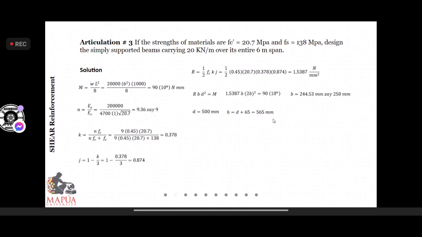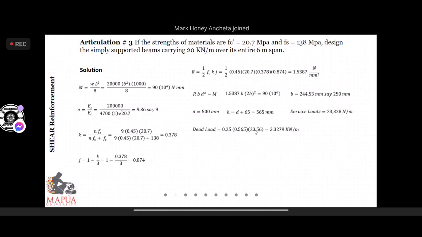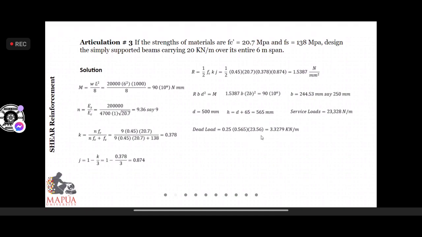So then we compute the additional dead load for the weight of the beam, which is 0.25 multiplied by 0.565 multiplied by the unit weight of concrete, or you can utilize 24. I opted to consider 23.56.